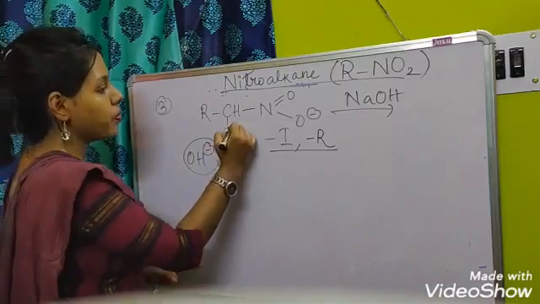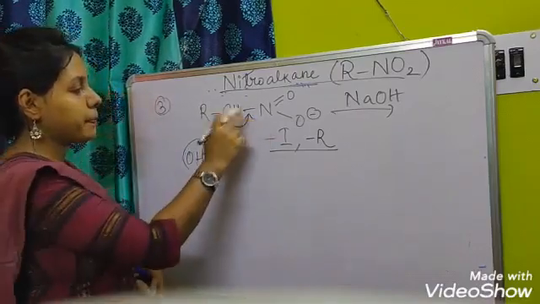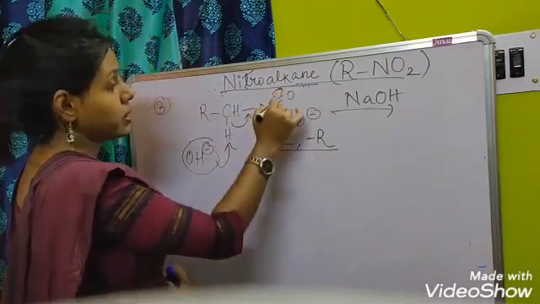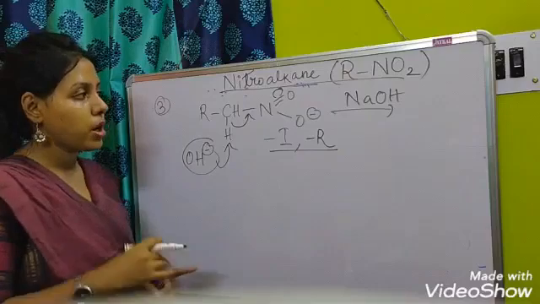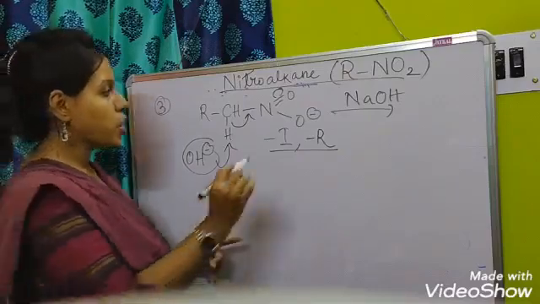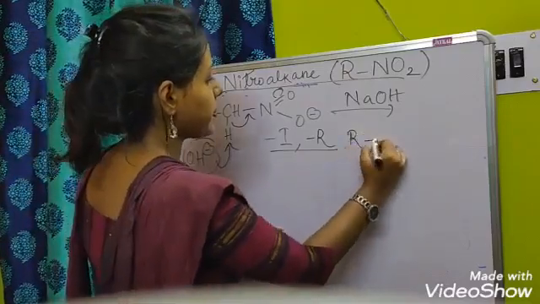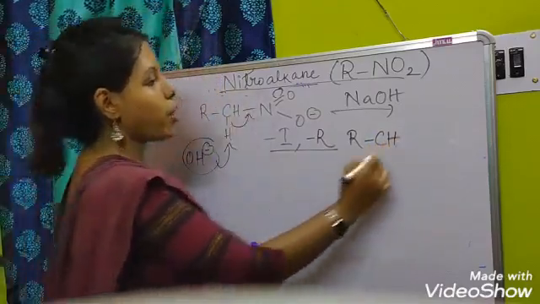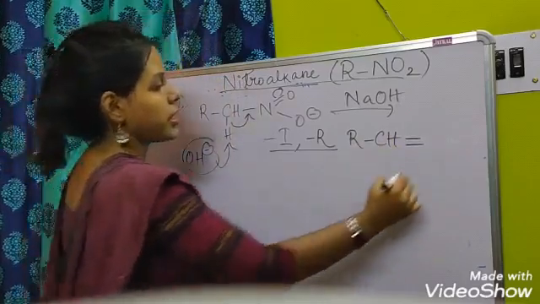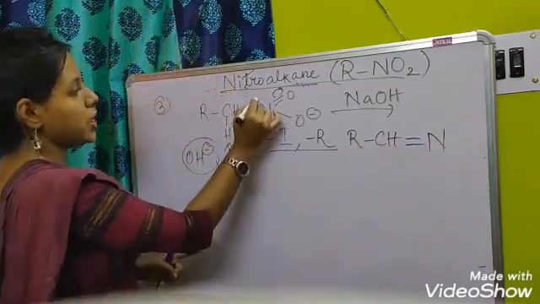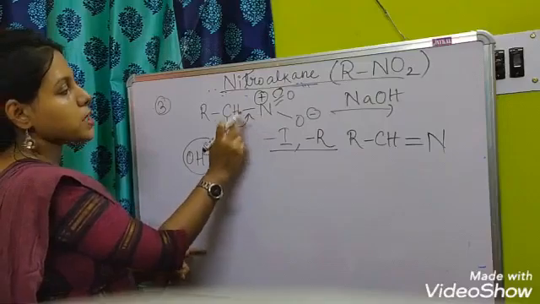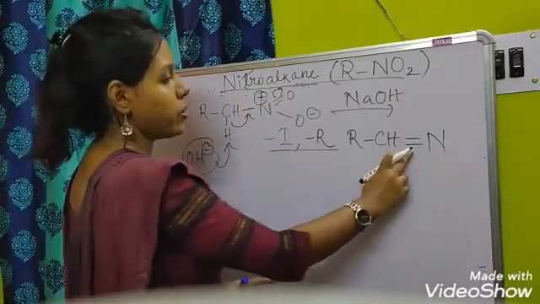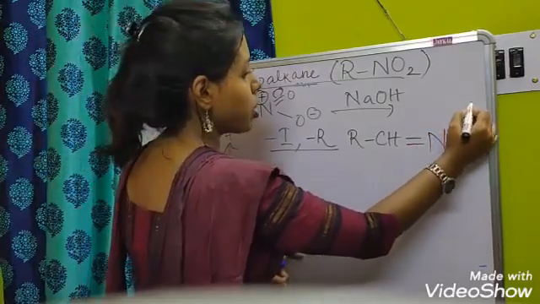So this bond will be broken and the double bond will shift up to the oxygen. There will be the formation of a double bond to nitrogen. Nitrogen was initially positively charged because of the four bonds.